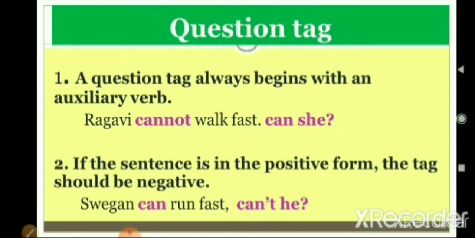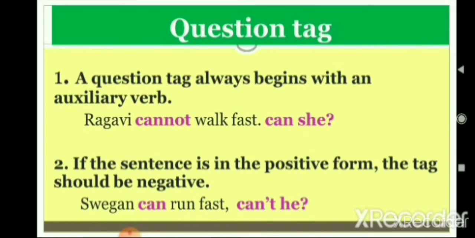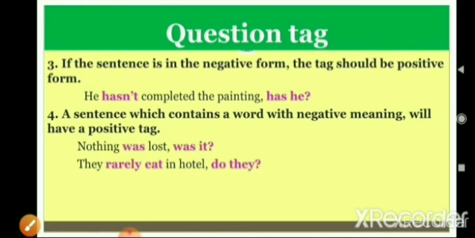Svigen can run fast. Can't he? Just observe the sentence. The sentence is in positive form and the tag should be negative. If the sentence is in the negative form, the tag should be positive.